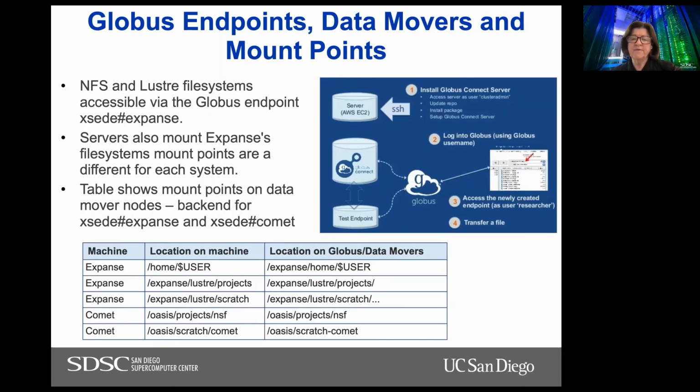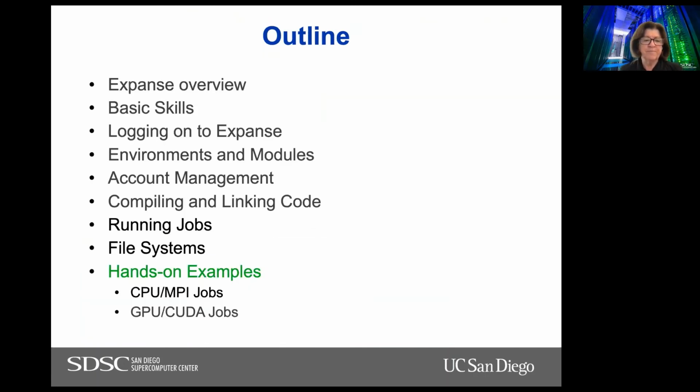Move my data before, and when the job is done, move it back. And then you're out of the loop. It happens asynchronously in the background for you, and it's optimized and very efficient. So get to know using the data movers. And if you have questions, again, talk to user support.